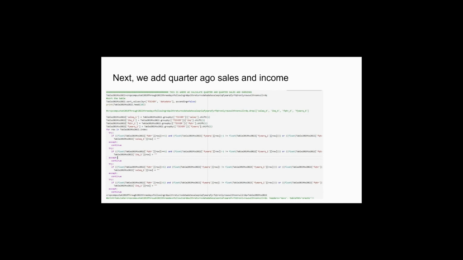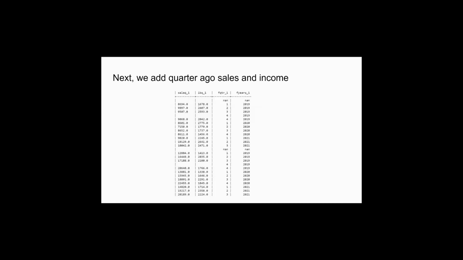And so we do run the check to make sure that that is how it is. If that's not how it is, and somehow the calculation was wrong, then we set IBQ 1 quarter ago equal to blank, and sales 1 quarter ago equal to blank. Okay, and now we just did that, and so now we have sales Q underscore 1. This is sales 1 quarter ago, and this is income 1 quarter ago.